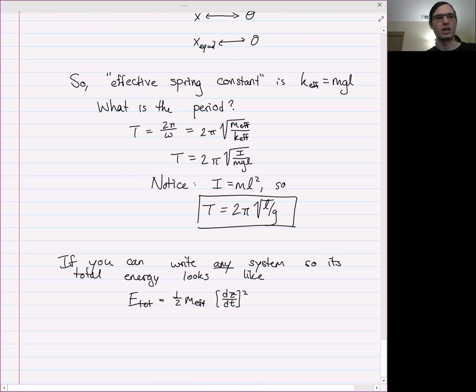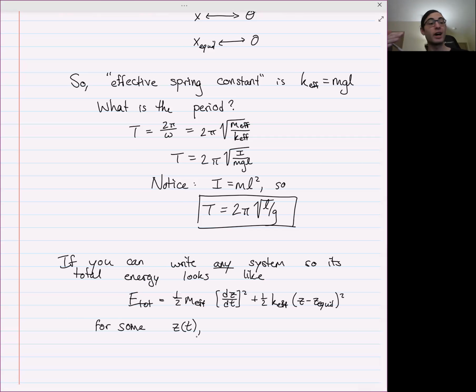In the pendulum case, it was theta. Plus 1/2 k effective times (z minus z equilibrium) squared. If you can do that for some variable z, then you can use all of the results that we had for the simple harmonic oscillator, this A sine(omega t plus phi) business, for that system.